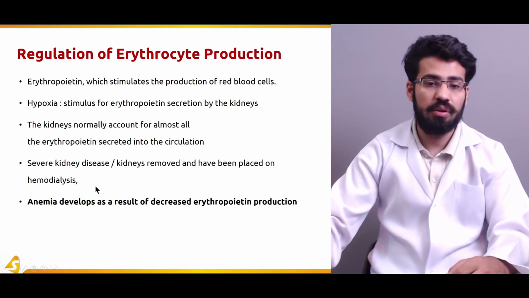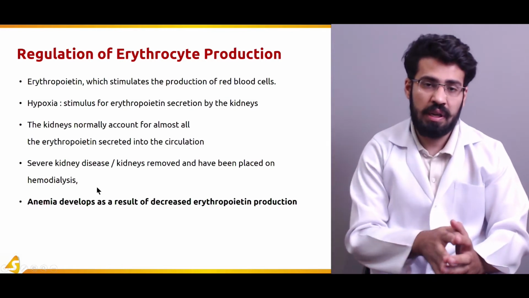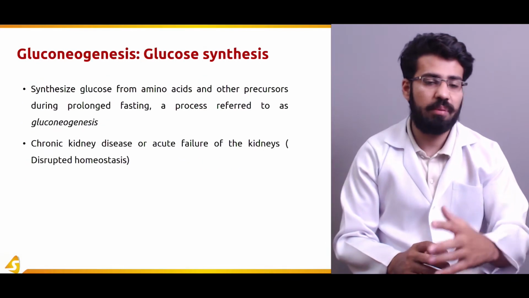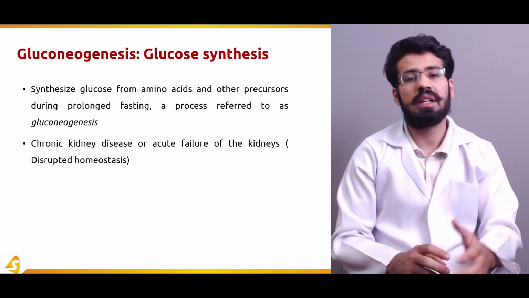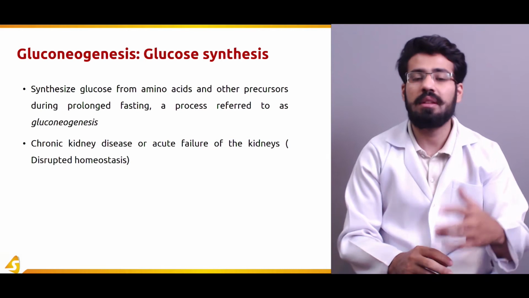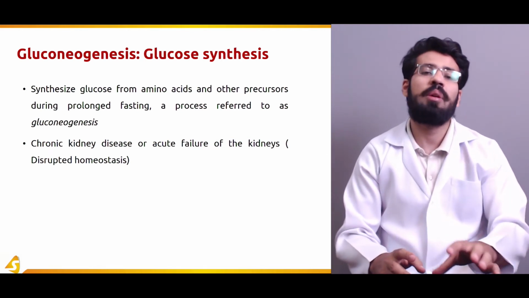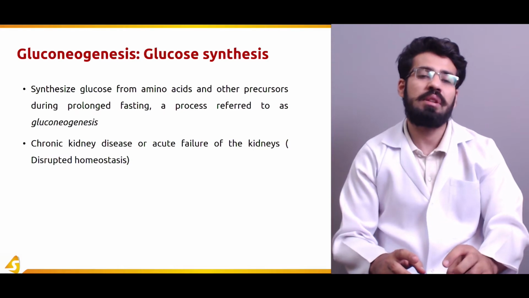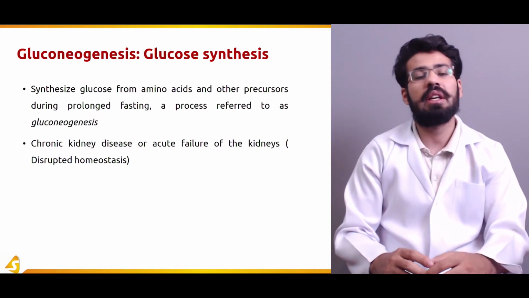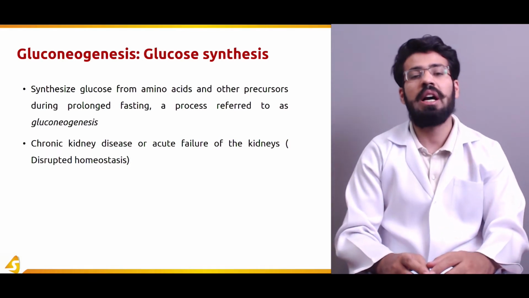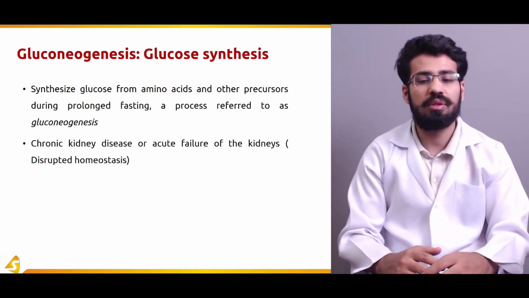Gluconeogenesis, also known as glucose synthesis, is a process that occurs in the kidney. For example, glucose is synthesized from amino acids and other precursors during prolonged fasting. This particular function of the kidney will take place only in prolonged fasting situations, through a process known as gluconeogenesis.